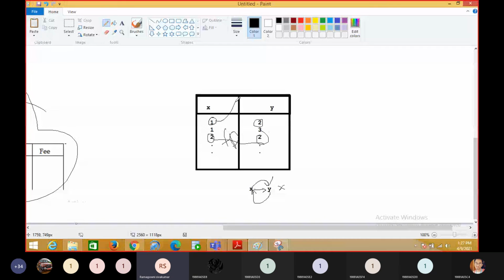First we need to check x value. If it is true, then we need to go for y value. We need to check y. If x is not true, then why do I need to go for y value? So x determines y value. That means y depends upon x value.